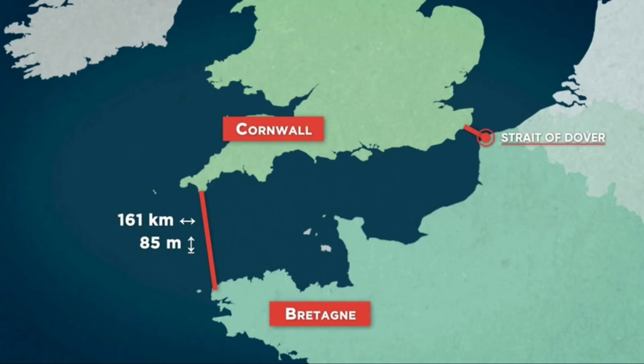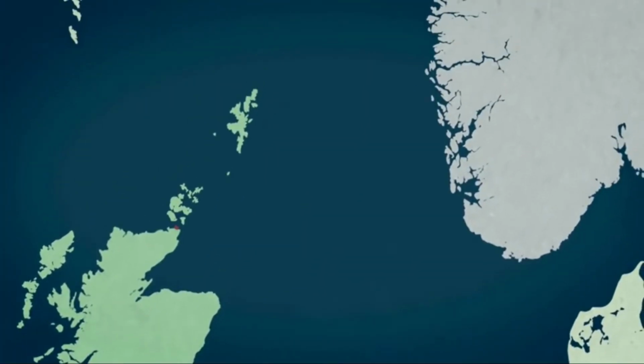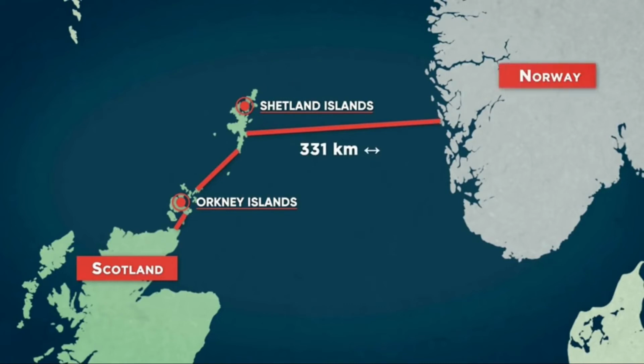But then, it would leave all of the land in southern England and northern France vulnerable to the wrathful ocean's waves. The northern part of the structure would be a collection of island-hopping dams that originates in mainland Scotland and stretches out to the Orkney Islands, then to the Shetland Islands, and finally out 331 kilometers across the open ocean to western Norway.